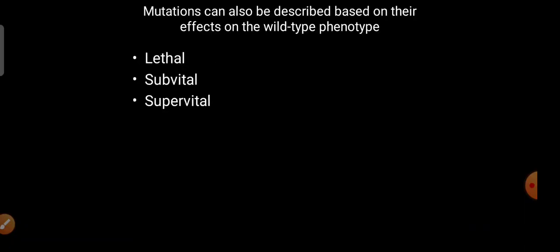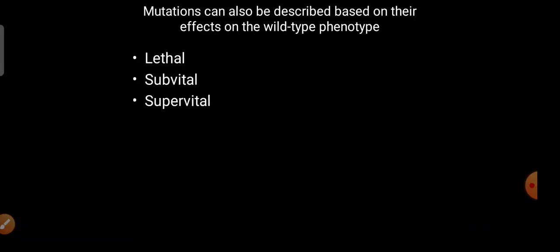Because somatic cells and germ cells are the same cell, unicellular organisms are more prone to undergo mutation as compared to multicellular organisms, because in multicellular organisms the germ cells and somatic cells are different. The germ cells or reproductive cells are much more protected.